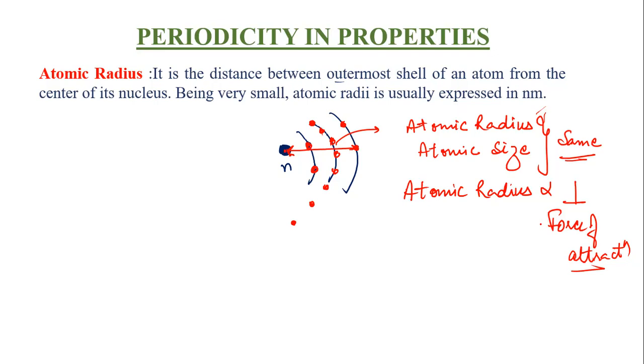If force of attraction is low, then atomic radius will be more. Clear? And atomic radius is inversely proportional to force of attraction.